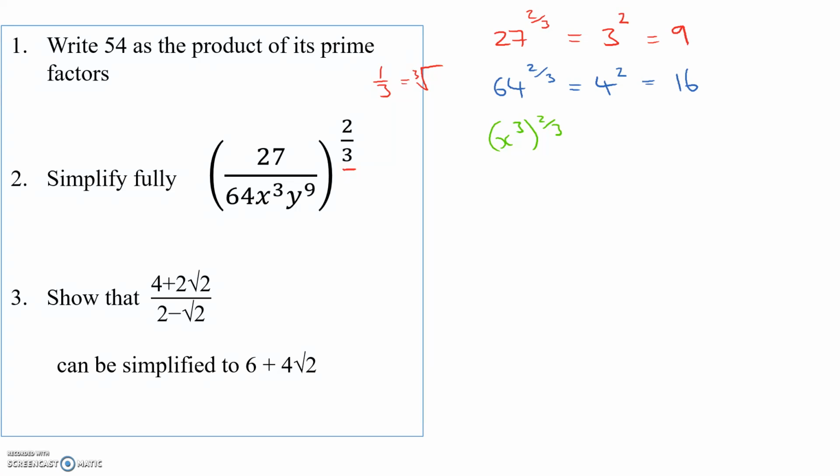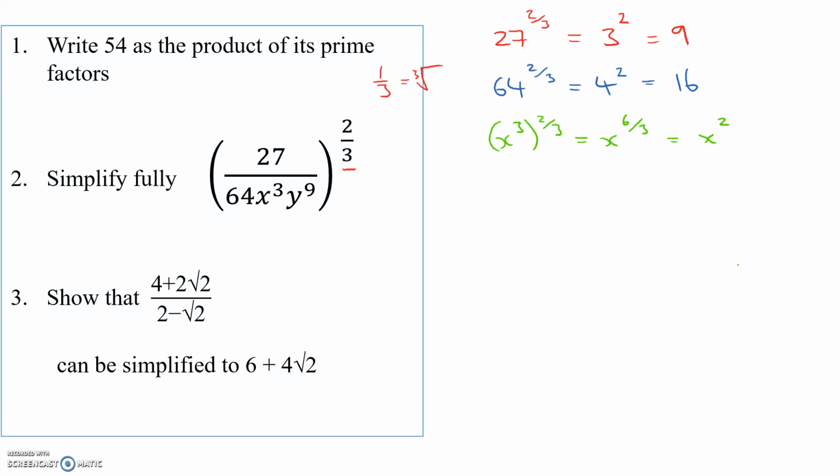So this is x to the power of 3 times 2/3, and 3 times 2/3 is 6/3, which is just 2. So that simplifies down to x squared.